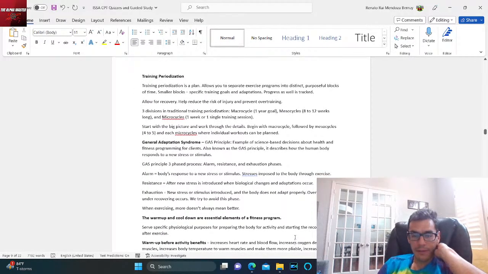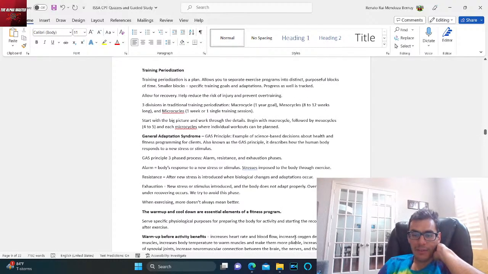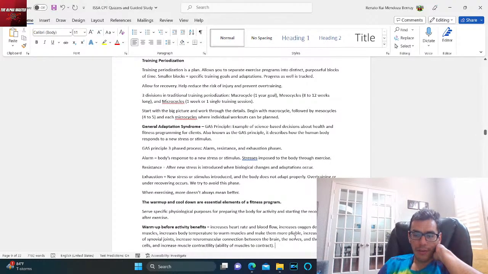Warm-up before activity benefits: it increases heart rate and blood flow, increases oxygen delivery to muscles, increases body temperature to warm muscles and make them more pliable, increases mobility of synovial joints, and increases neuromuscular connections between the brain, the nerves, and the muscle cells.